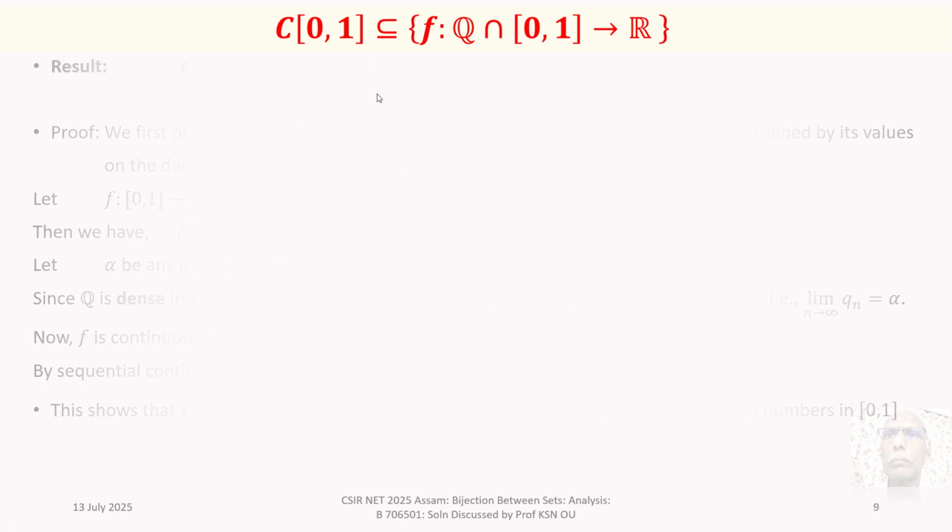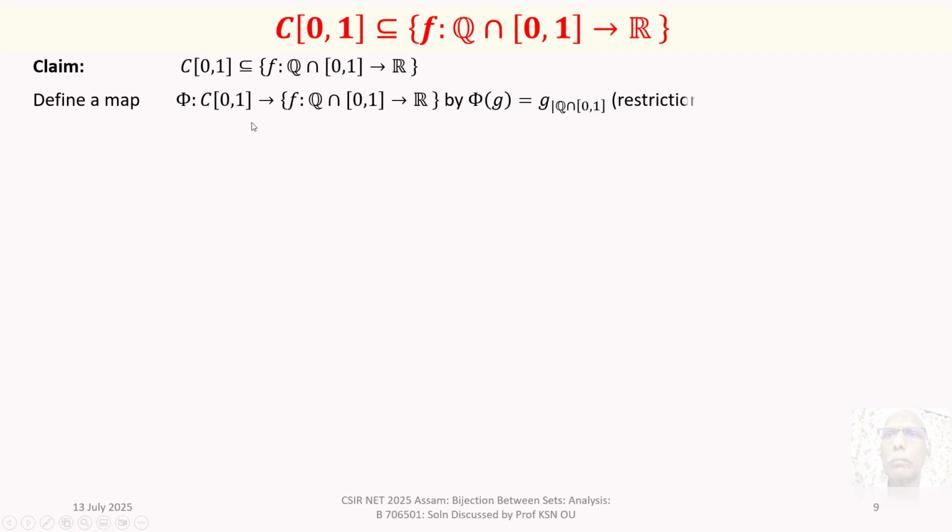We continue that. We claim this result and define a map phi from C[0,1] to the set of all functions from Q intersection [0,1] to R by phi of g, g belongs to C[0,1], is the restriction of g on the set Q intersection [0,1].